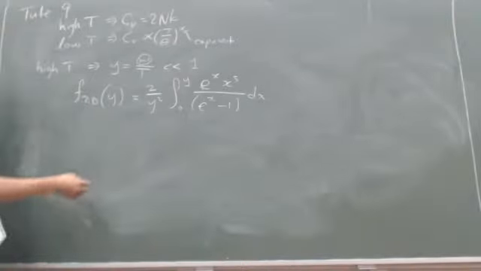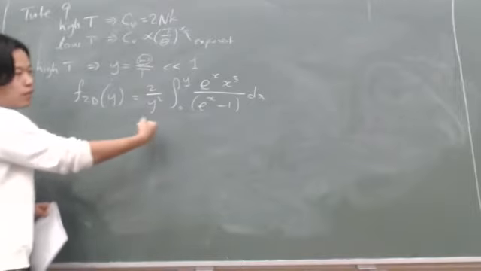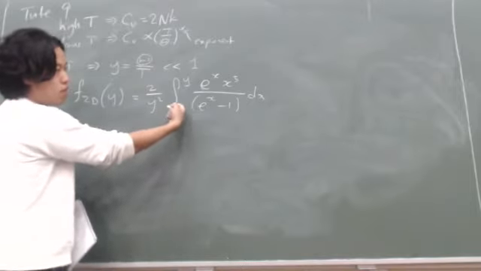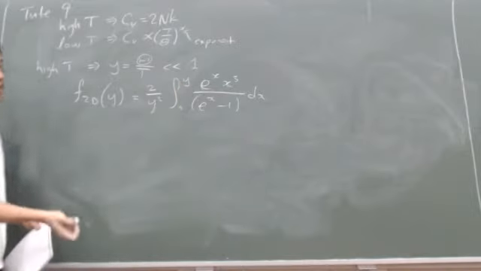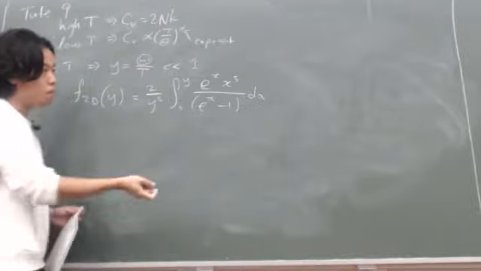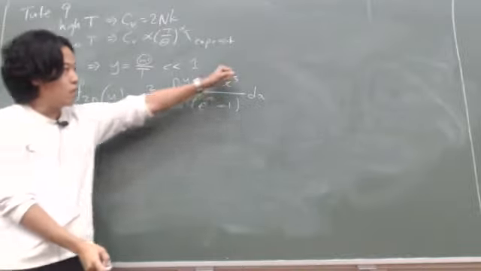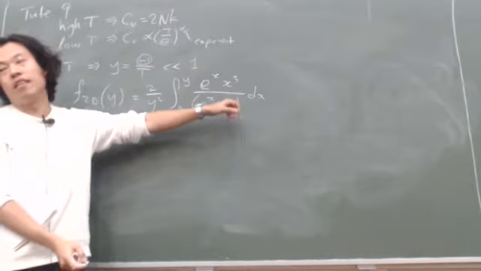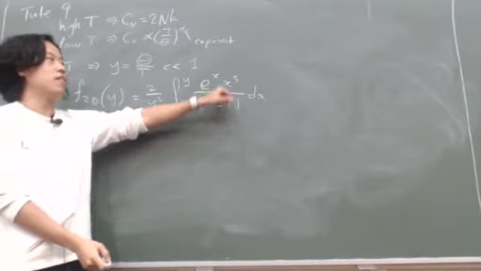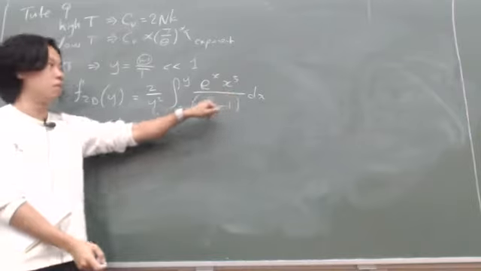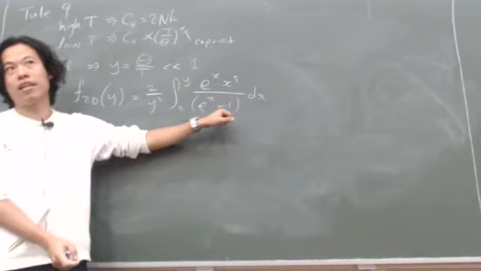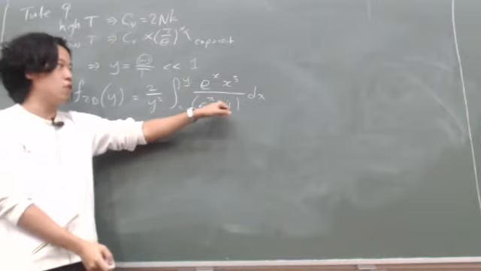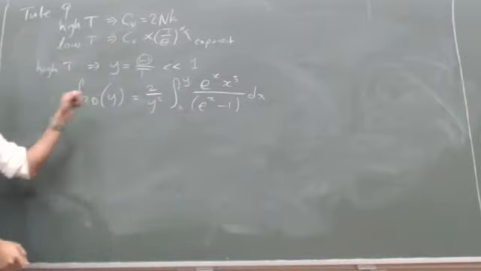But now if we consider the fact that y is very small at high temperature limits, that means this integral doesn't leave 0 very far. It goes from 0 to maybe a little bit larger than 0, just a small increment. So the integrand is never going to get very large, and x is never going to stray very far from 0. So you can approximate this by its Taylor expansion and truncate at linear order.